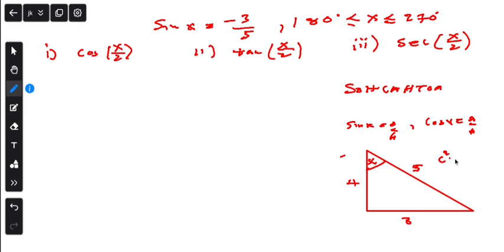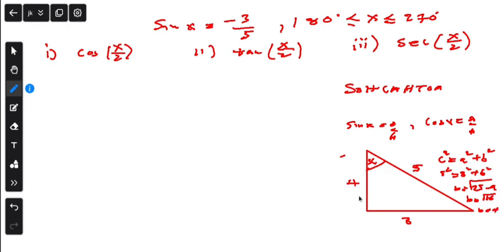You say c squared is equal to a squared plus b squared. So definitely this is going to be 5 squared equals 3 squared plus b squared. So b is going to be equal to the root of 25 minus 9, which is 16, and the root of 16 is going to be 4.